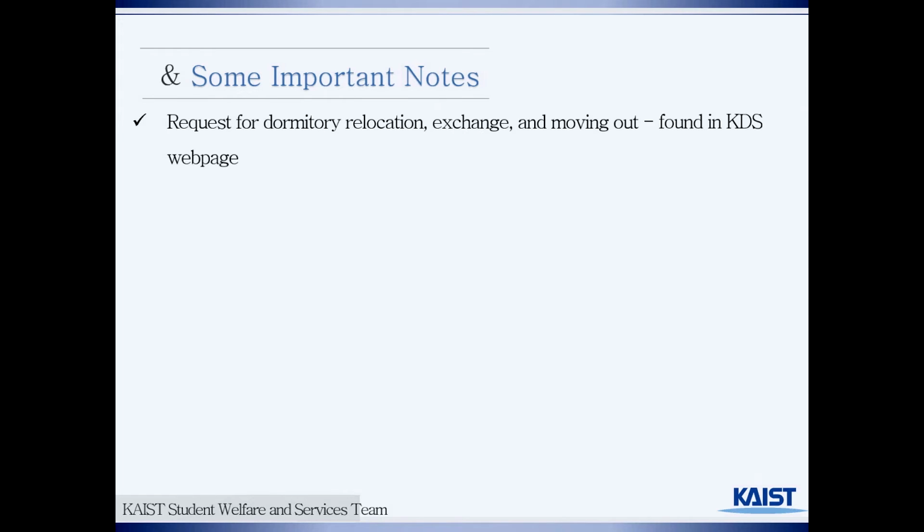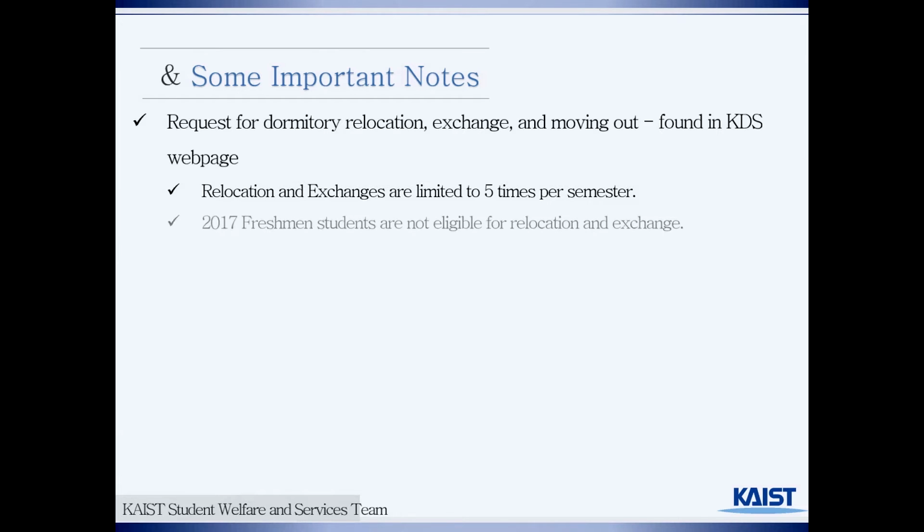So some important notes about the KAIST website. Requests for dormitory relocation, exchange, and moving out can be found on the KDS webpage. Relocation and exchanges of your dormitory rooms are limited to 5 times per semester, and unfortunately 2017 freshman students are not eligible for relocation and exchange. That is, they have to stick with the room they are assigned.